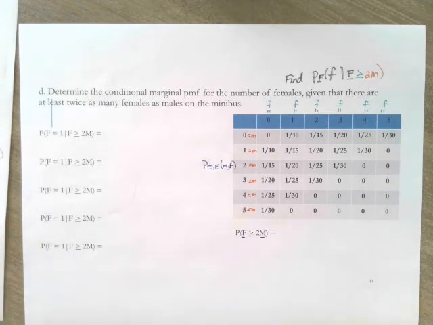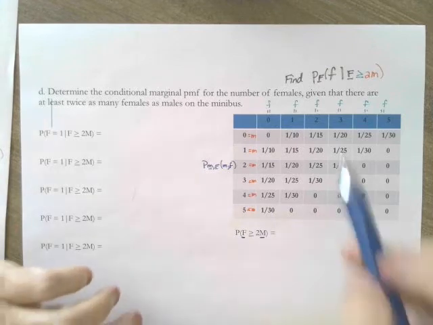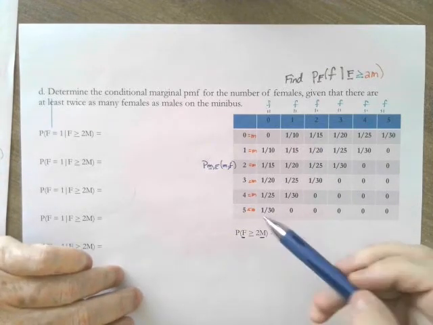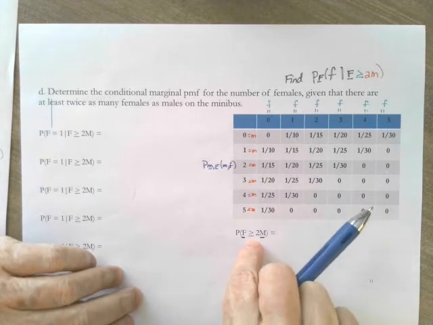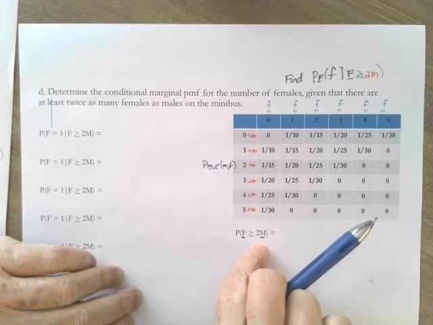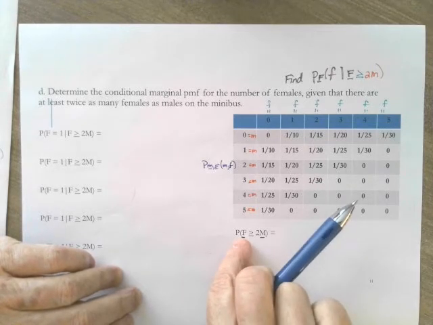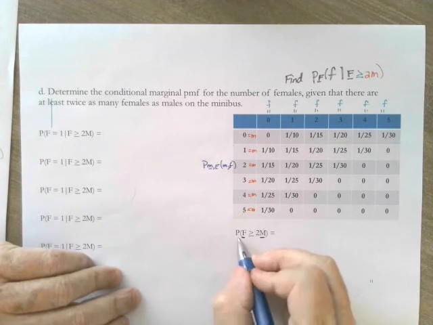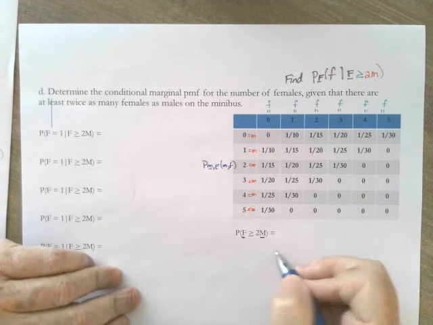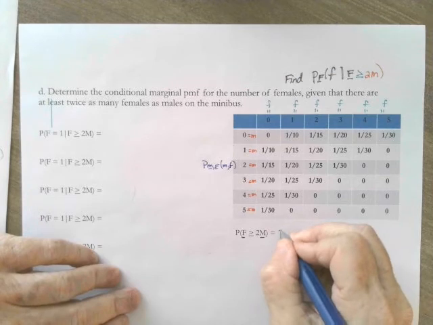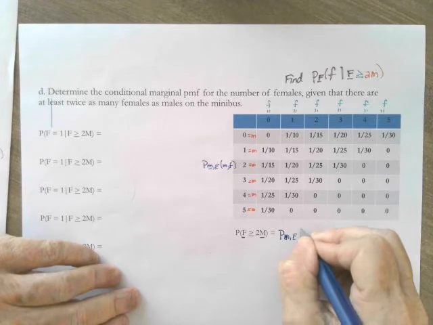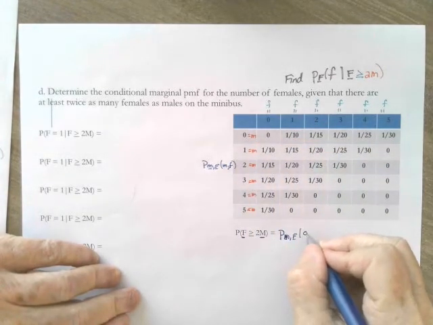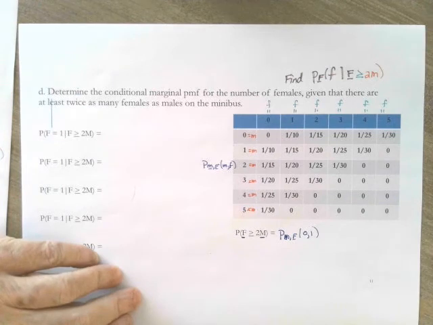Well, let's go up here. When we have 0 males and 1 female, does that satisfy this equation? It certainly does. If I have 1 female and no males, then 1 is definitely bigger than or equal to 2 times 0. So this is definitely going to have the PMF of 0, 1. Definitely, that works, right? But that's not the only way that can happen.